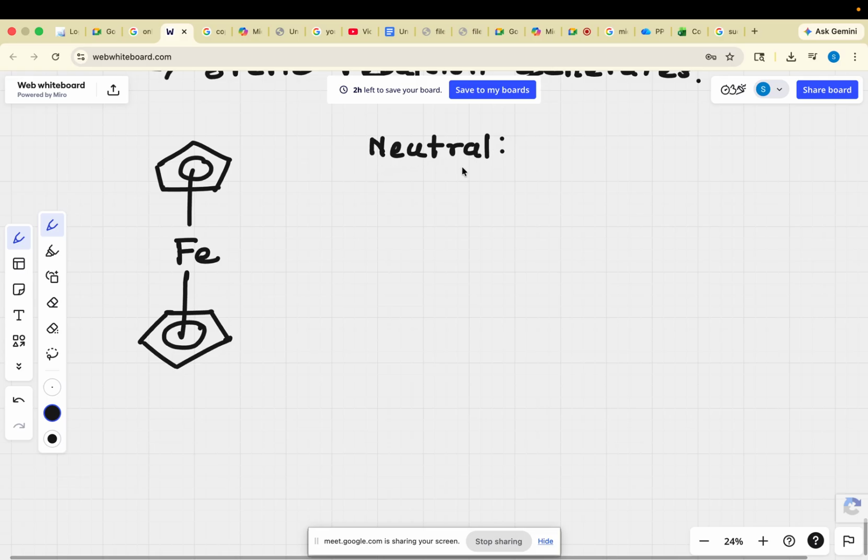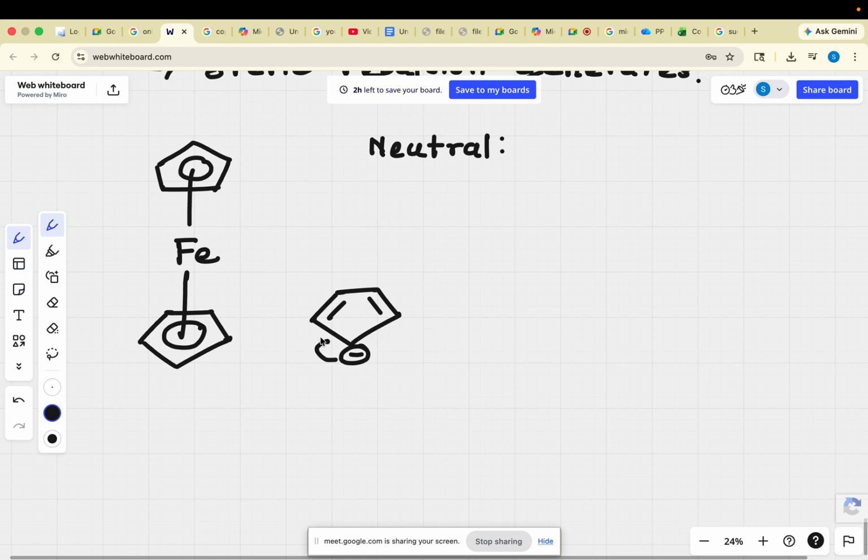So if I talk about the neutral ligand, first of all, this is your cyclopentadienyl, right? How does it exist basically? Cyclopentadienyl actually exists like this. If it is shown as a circle and then attaches to the metal center, that means all the carbon centers are attaching to your metal center.